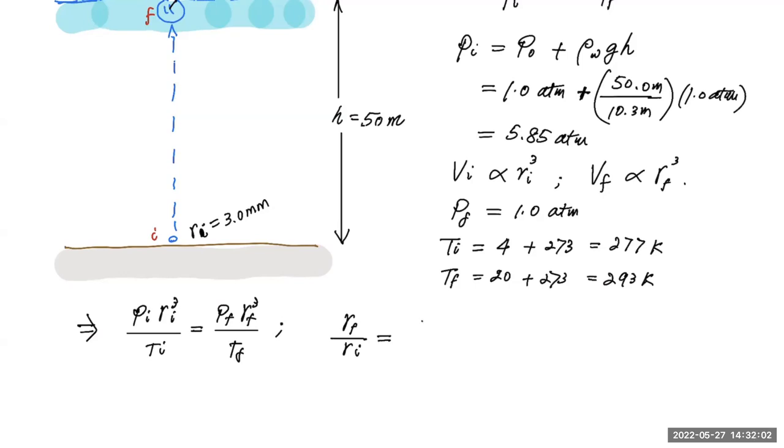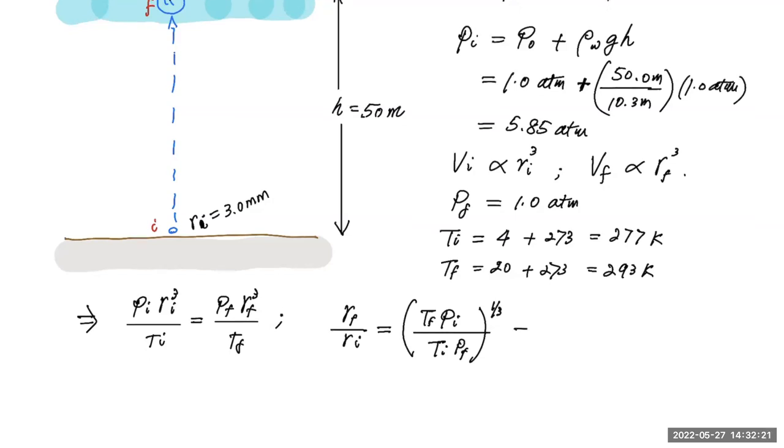It is going to be T final over T initial, and then P initial over P final, everything raised to the power 1 over 3. Right? So let's plug in the numbers now. It is T final 293 times P initial, which is 5.85 ATM.